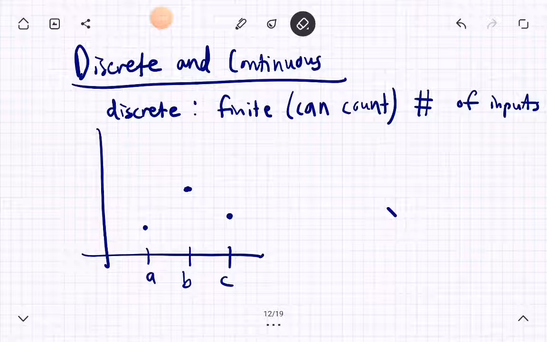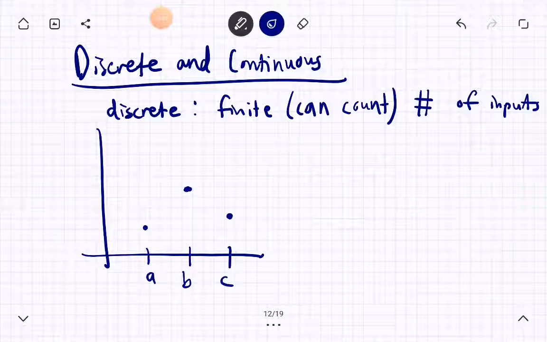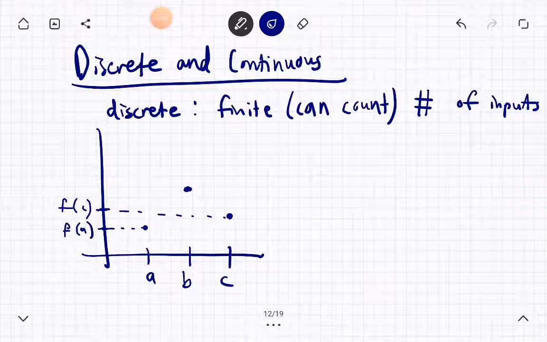So if we look at the y-axis, we will know that this is the output for C, this is the output for A, and this is the output for B. Okay, cool.